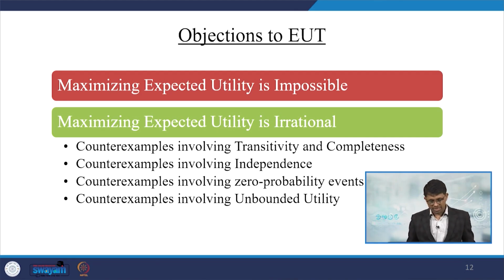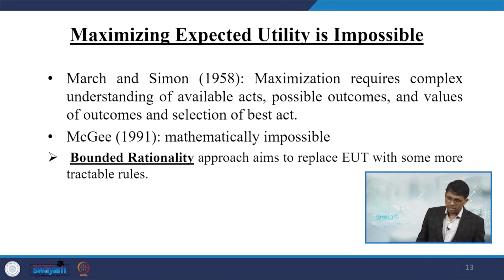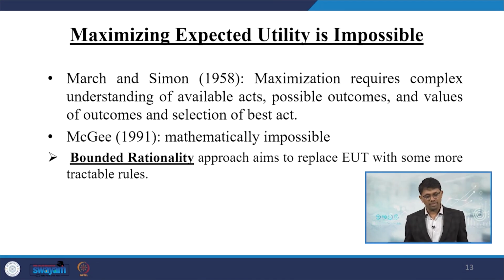We will mention counter examples involving transitivity and completeness, clarifying why expected utility is actually irrational. We are also giving counter examples involving independence, counter examples involving zero probability events, and also counter examples involving unbounded utility. Starting with why maximizing expected utility is impossible.